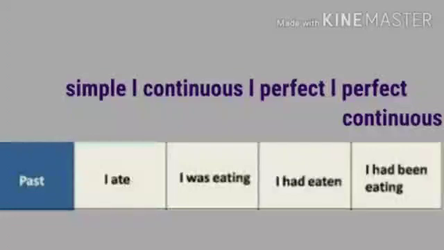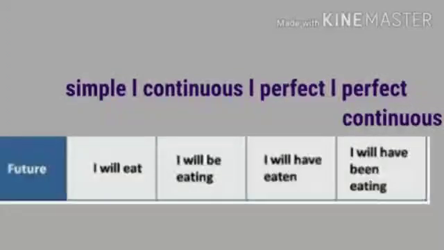I had been eating. Now in future tense, it becomes I will eat, means subject plus will or shall plus the verb V1 form. Now in future continuous, it becomes I will be eating, means the subject plus will or shall plus be plus the ing form of the verb, which becomes I will be eating.